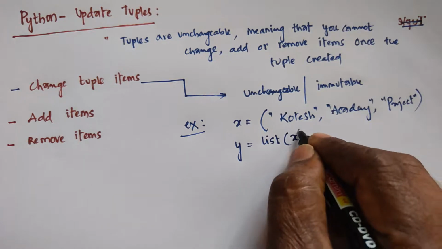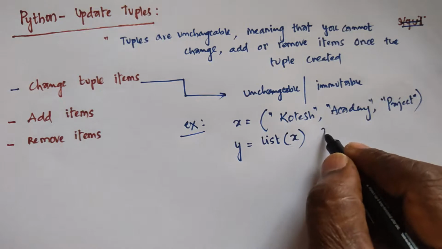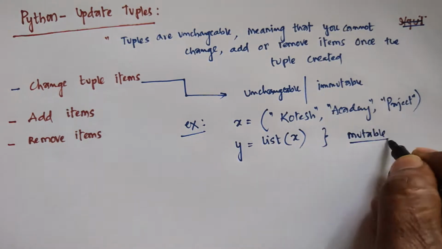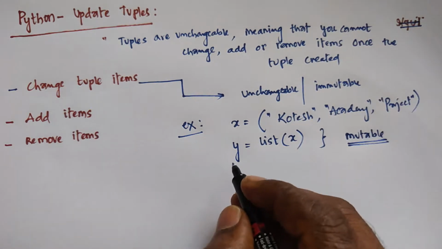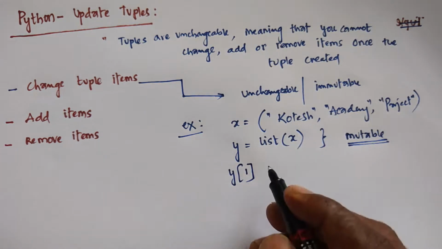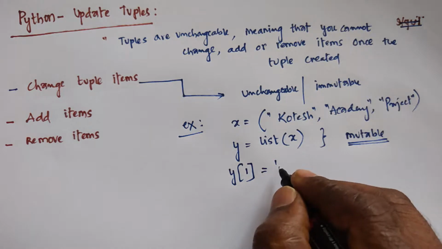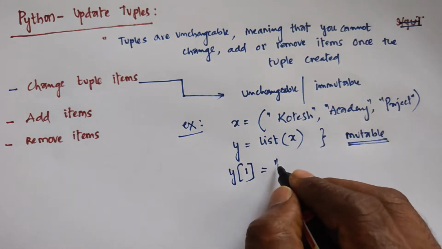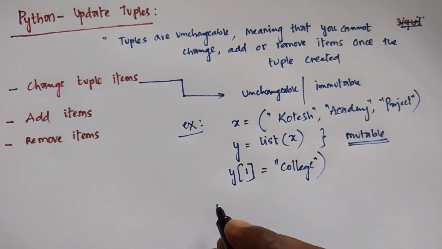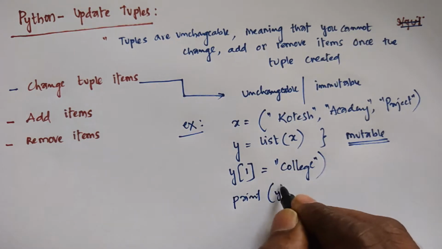A list is mutable, so we can change the data. Then you take y of 1 and change that string to college. Then you write print of y.